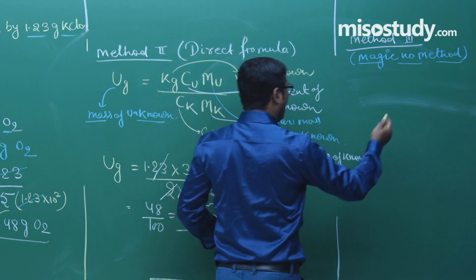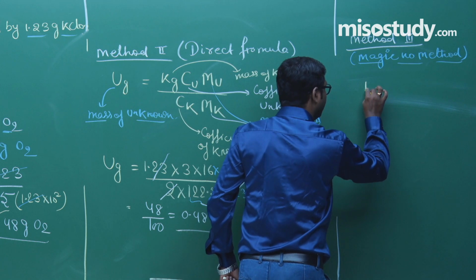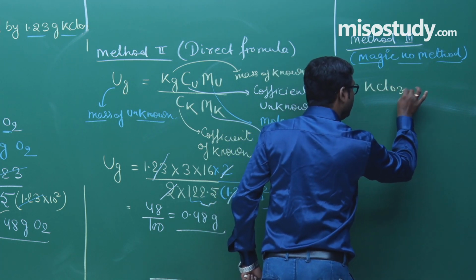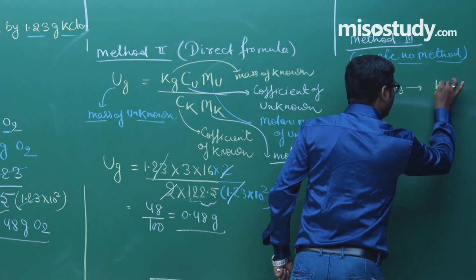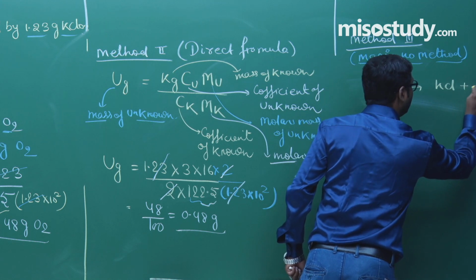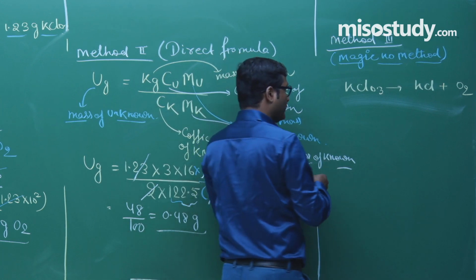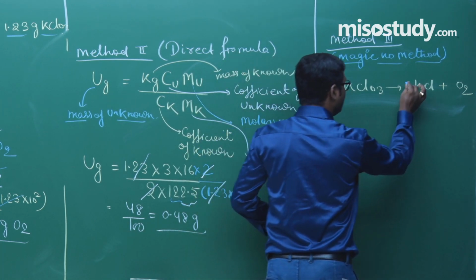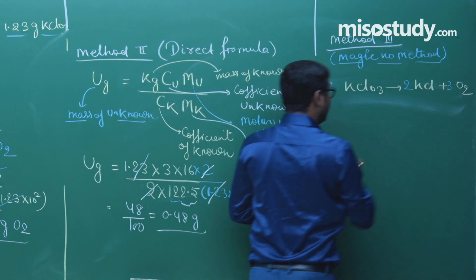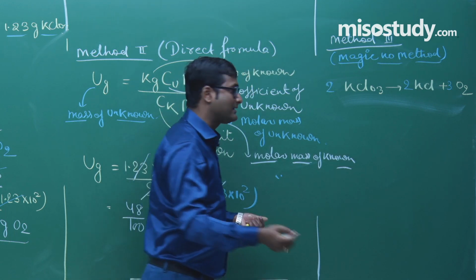Now, KClO3, KCl and O2. Is it visible to you? Then put here the balance 2, 2 and 3. Now, let us assume X is the magic number.